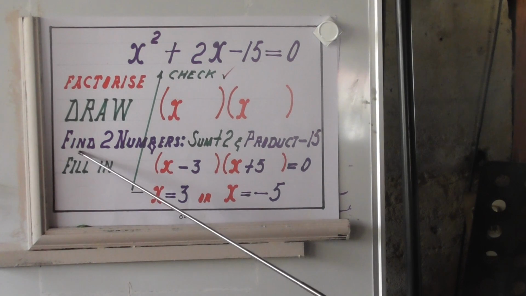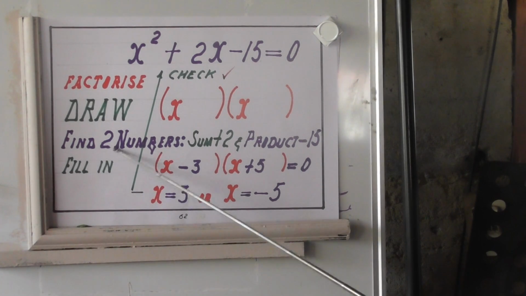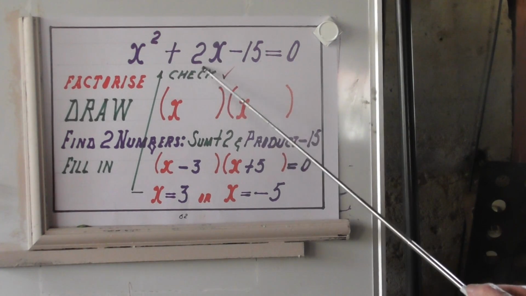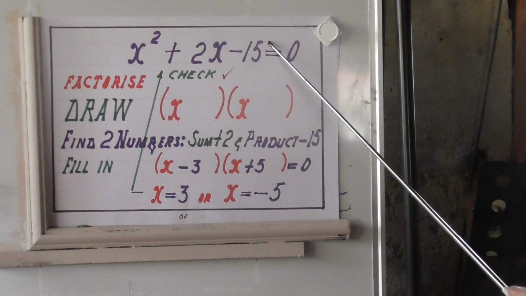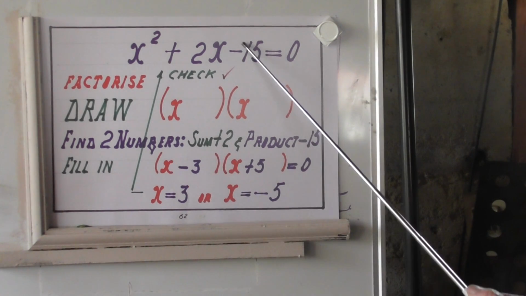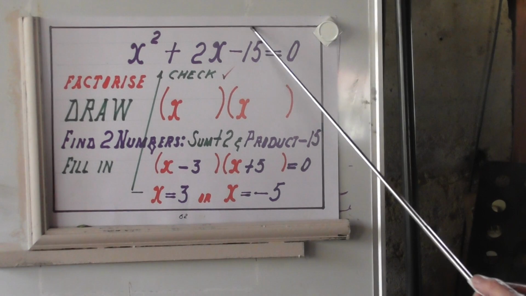Now this is the same sum as before. We have to find two numbers. The sum is positive 2 and the product is negative 15. So we said before that it is positive 5, negative 3, that's negative 15, tick.